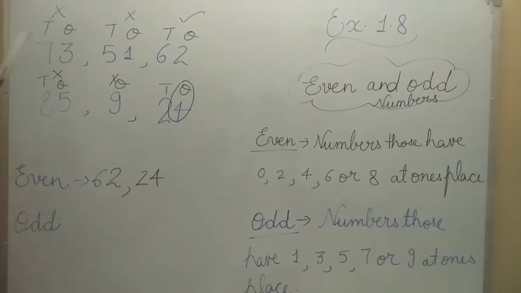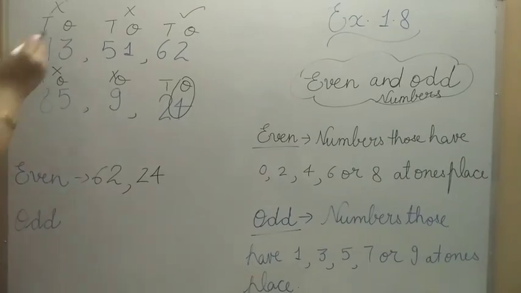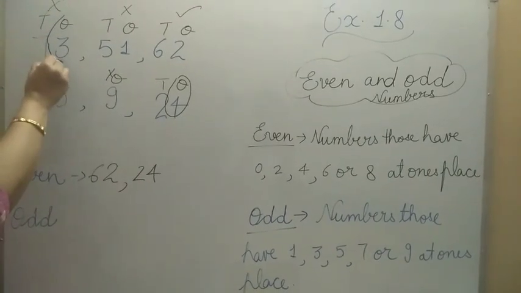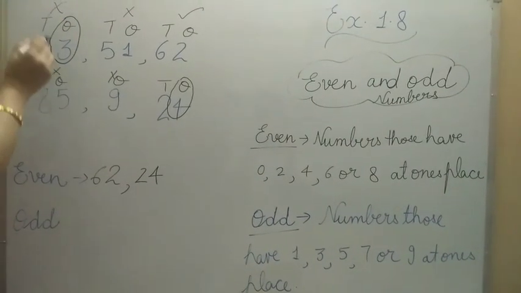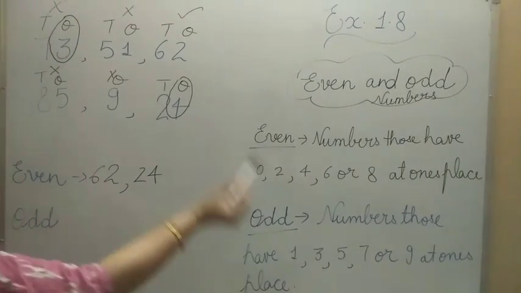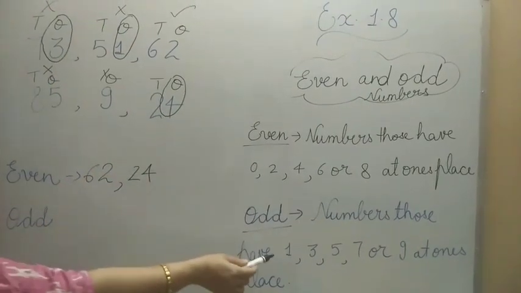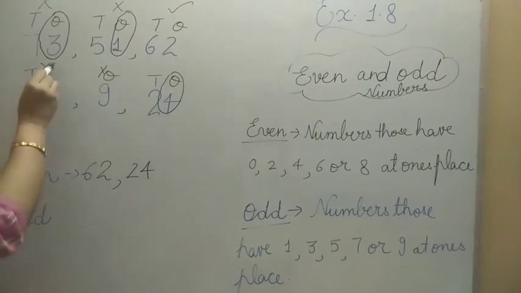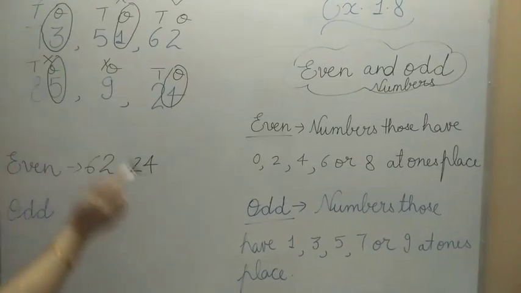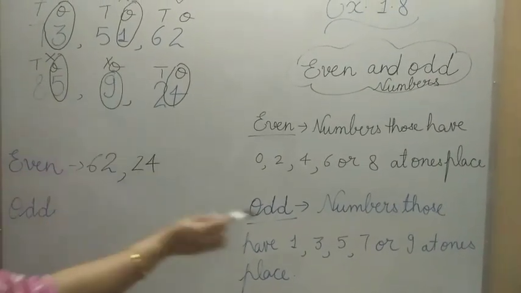Those numbers we have crossed are odd numbers because their ones place number is an odd number. Like 3 is an odd number, 1 is an odd number, 5 is an odd number, and 9 is also an odd number.